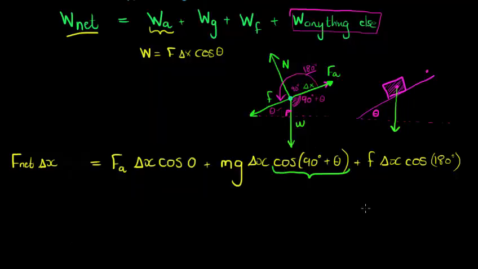So this would be negative sine. So I just want to show you this: mass times gravity, delta x, negative sine of theta.